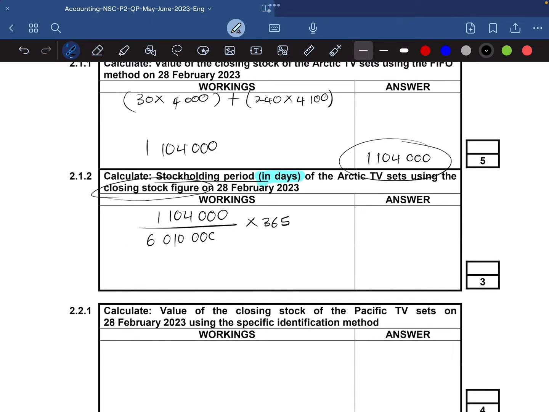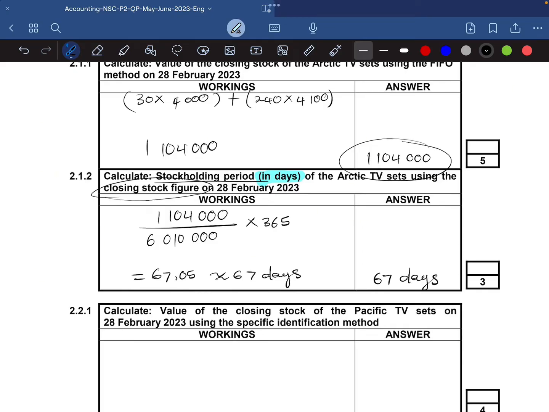So it's 6,010,000. Okay, so let's see what our stock holding period is. All over 6,010,000 multiplied by 365, and that gives just 67.05, which is approximately 67 days. So that's 67 days.